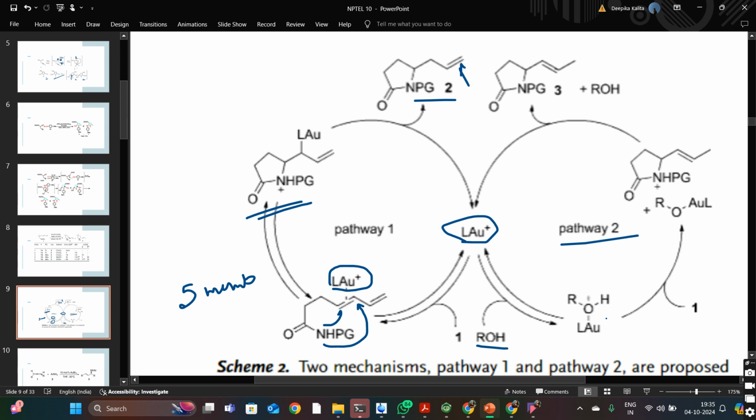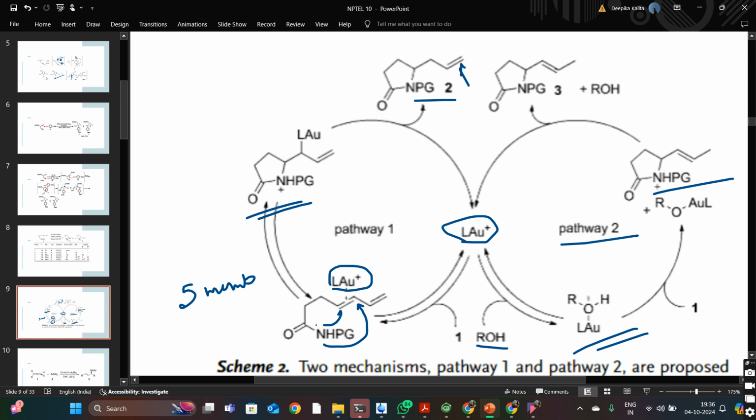Now this alcohol is going to form a gold complex of this type due to the activation, and this is now going to react with the amine present in the system. So since the whole gold catalyst is consumed in the activation of the alcohol, the intramolecular cyclization of the diene is going to take place in this way, and we are going to get an isomerization.